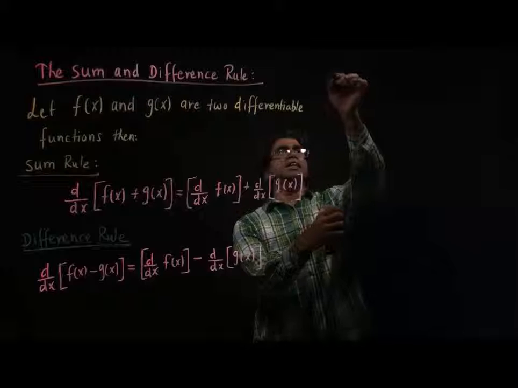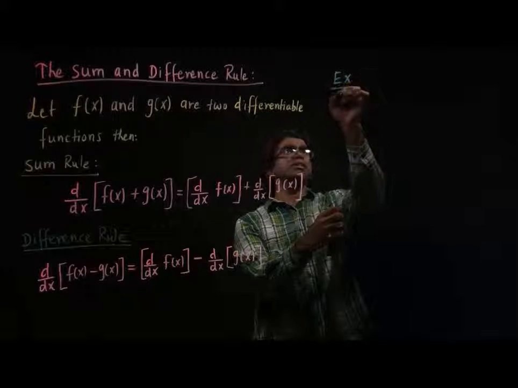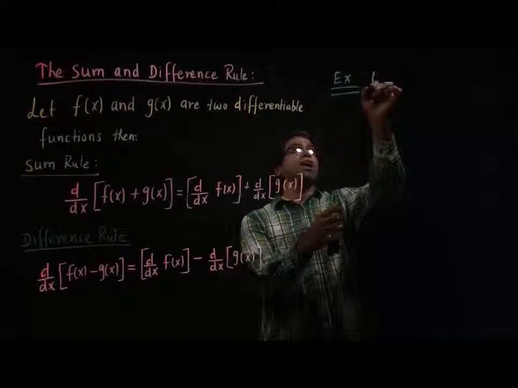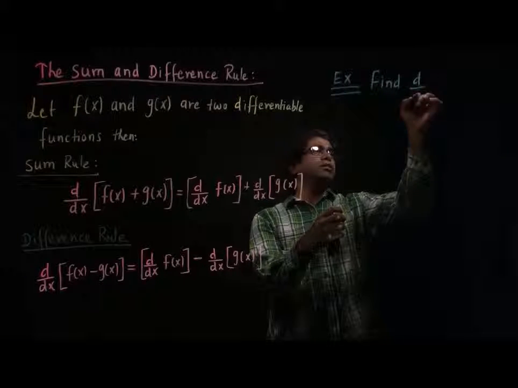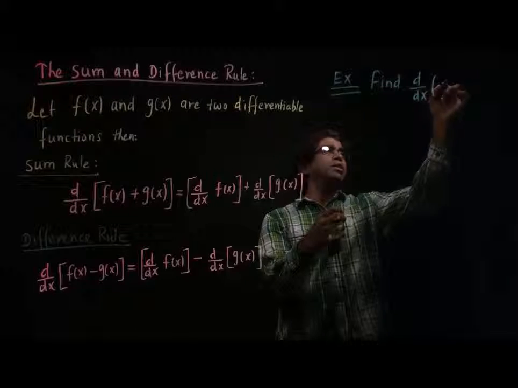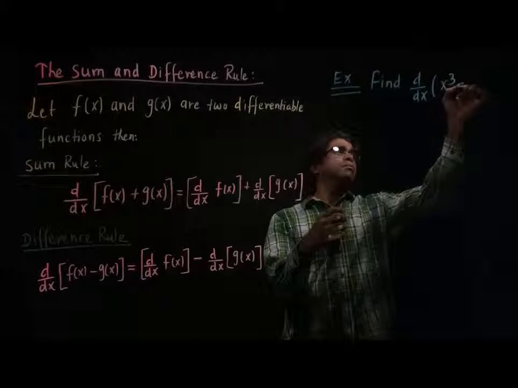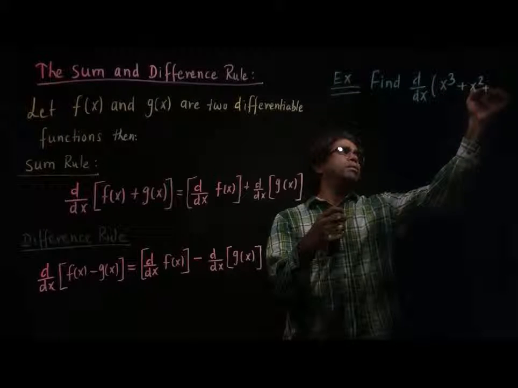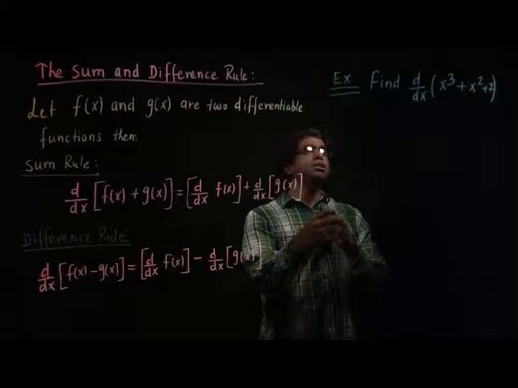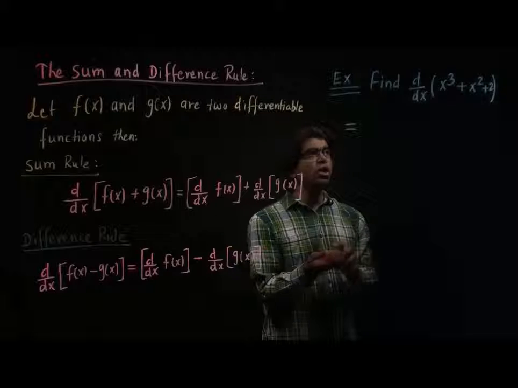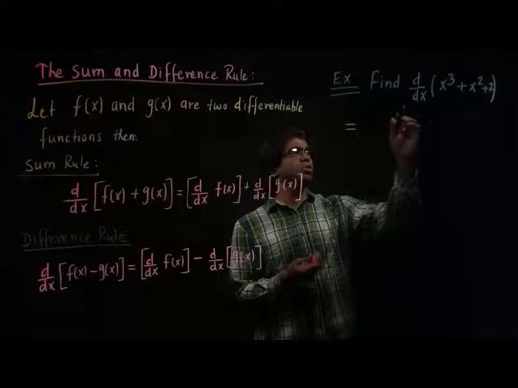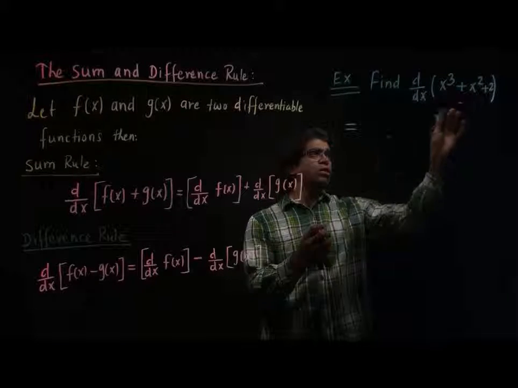Now let's consider an example. So my example is, find d by dx of, or the derivative of, x cubed plus x squared plus 2, right? In order to find the derivative, I'm going to distribute d by dx throughout the function.